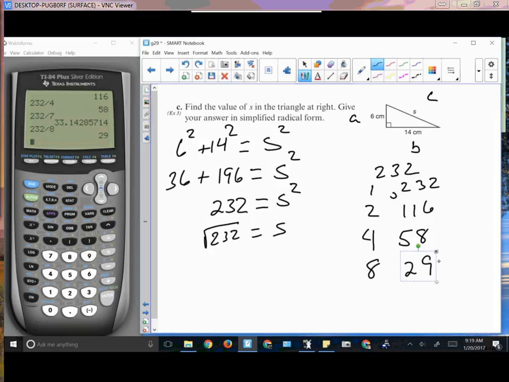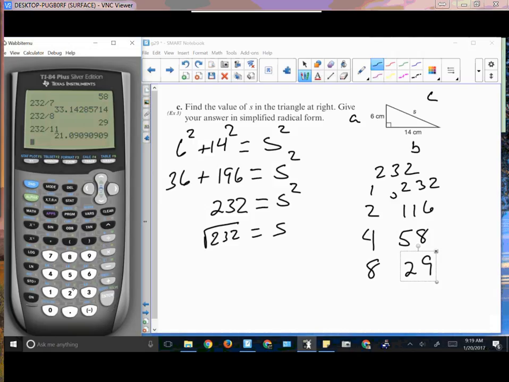So let's see. Not divisible by 9, not divisible by 10. Could it be divisible by 11? 232 divided by 11. Nope. Is it divisible by 12? No, because it wasn't divisible by 3.